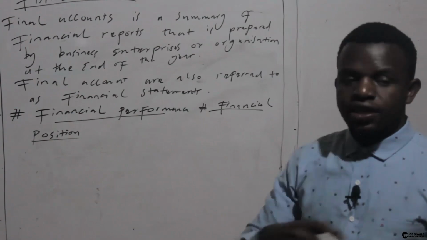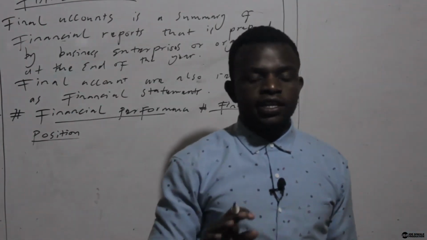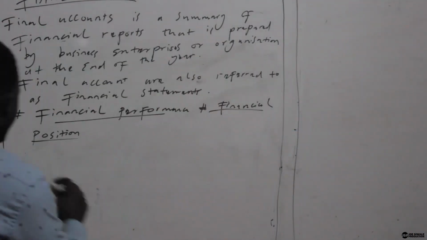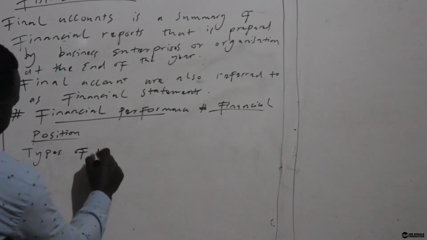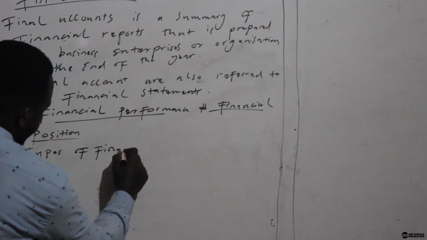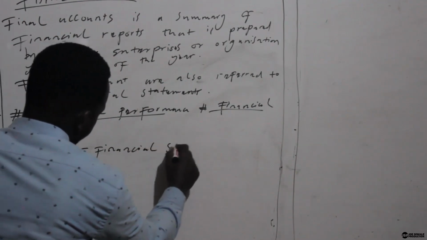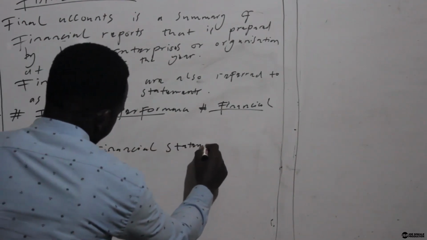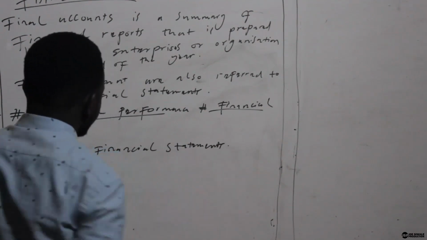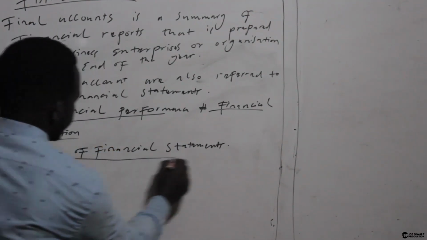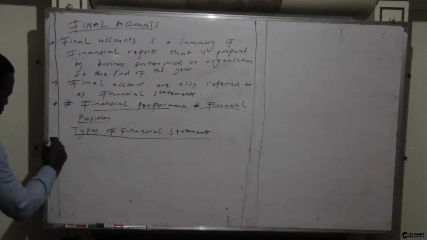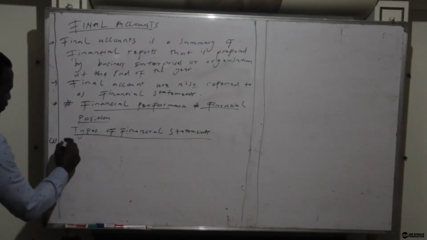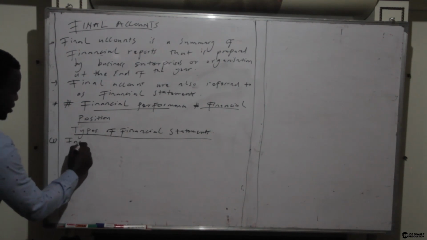So let us look at the types of financial statements. So we have three types. The first one, we have the income statement.